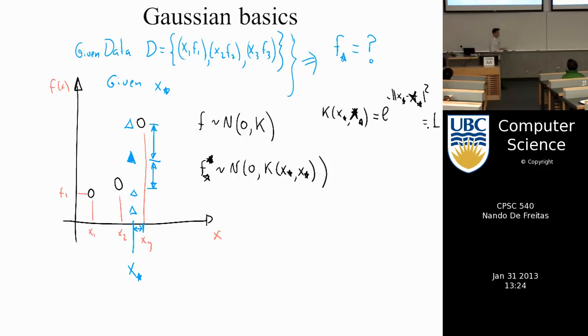Now f and f star by themselves are independent. I somehow want them to have the same property that all of you voted for, that is, that they be correlated.